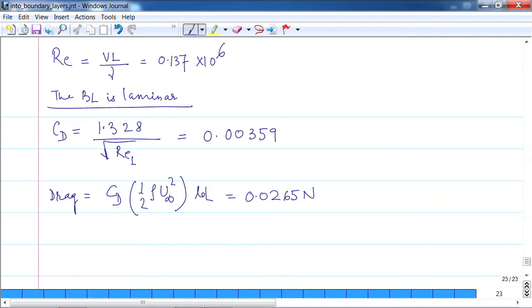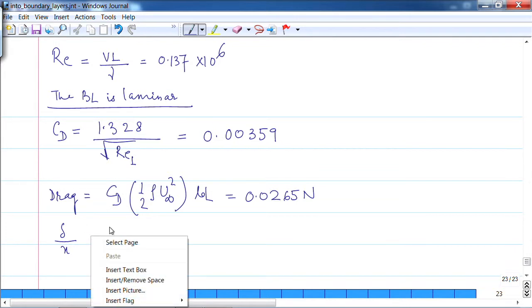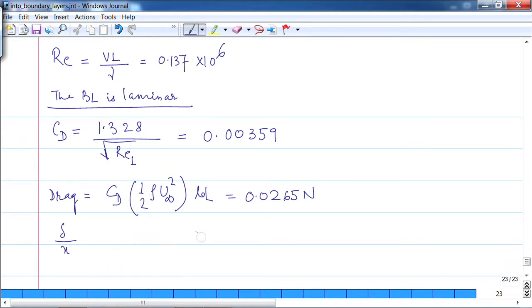Then we also needed to know the boundary layer thickness at the trailing edge. Now we know this formula. In this case our x is the total length we need to traverse from the leading edge to the trailing edge, which is basically the length of the plate.